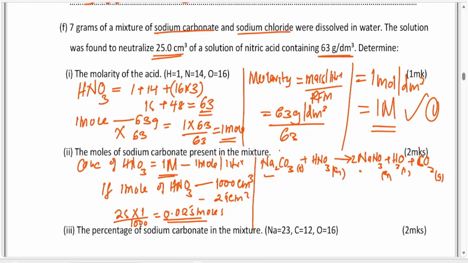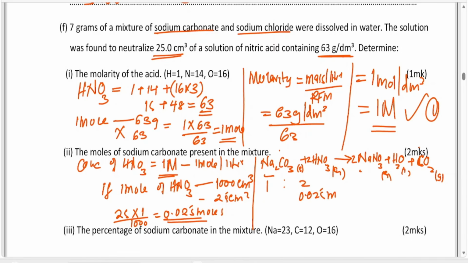Hydrogen is 1 here, hydrogen is 2 here, so I balance the hydrogen here. Hydrogen 2, hydrogen 2. The oxygen now becomes 6 plus 3, 9. The oxygen is now balanced on the other side, 9, 9. So in this case, the mole ratio becomes 1:2.